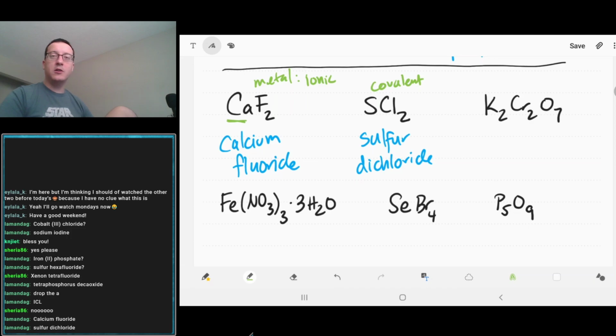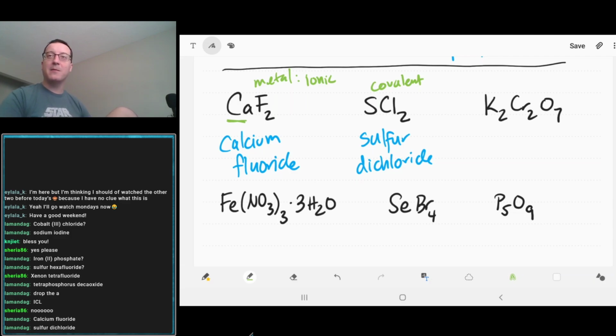On your homework, which is just a bunch of naming problems, it may help you, before you even start naming them, to go over every single one and say, is this an ionic compound or a covalent compound?